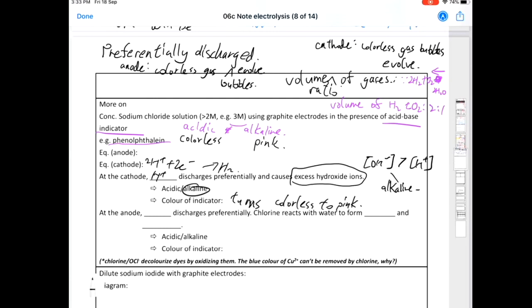H plus and hydroxide ion have exactly the same concentration, so the pH is 7 at normal room temperature and pressure, so it is colorless with the phenolphthalein indicator. But afterwards, H plus slowly becomes less, so the hydroxide ion concentration will become higher, and they will make the whole solution alkali, so the indicator will turn from colorless to pink.